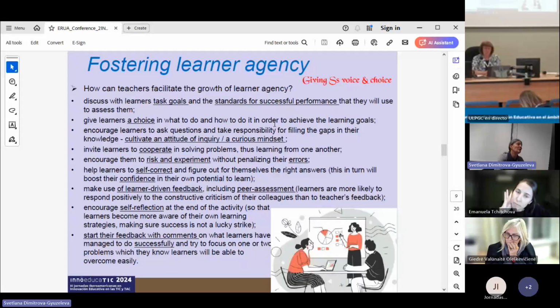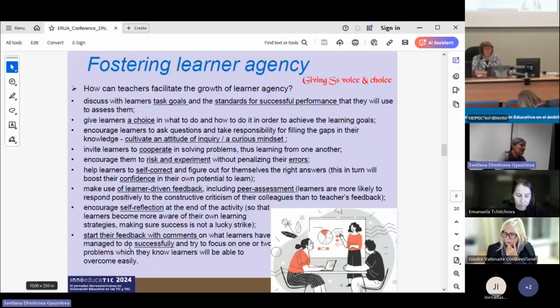Reflection is another key word in this approach. This is self-reflection during the activity and at the end of the activity, so that they are able to self-correct and find out the answers, the right answers for themselves, which will lead to boosting their confidence in what they do. And a confident learner is a successful learner.